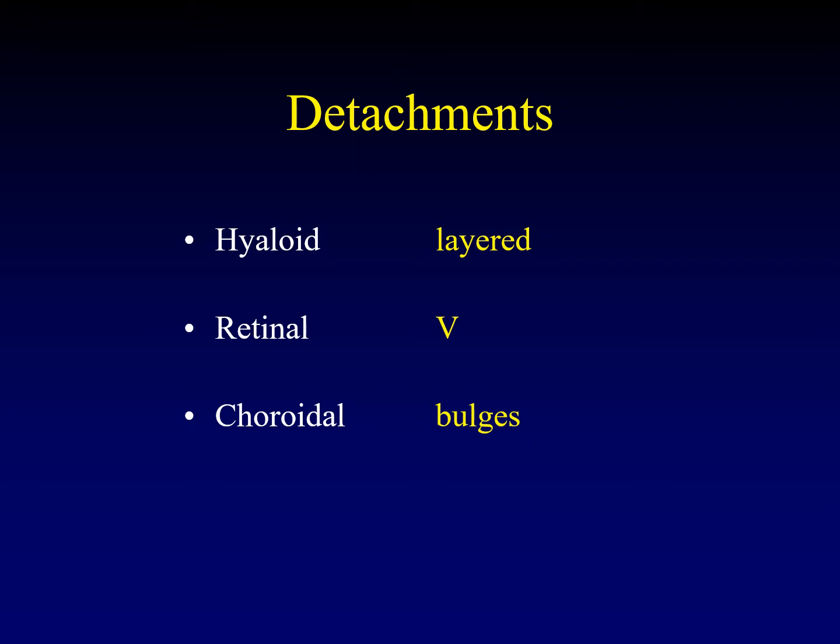You can't separate the retina at that point, and so it becomes the point of a V-shaped hemorrhage. The choroid is very difficult to separate, and so it requires a lot of force, and so the hemorrhages that separate the choroid tend to be rounded, focal, fist-like areas of hemorrhage, little round balls of clot, and that's what they look like radiologically.